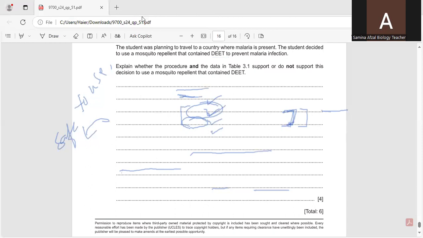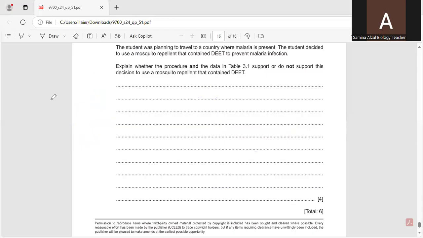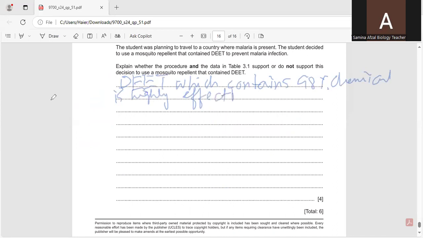So now I'm going to write all these points which I have discussed with you. For your convenience, I'm going to write all these. The DEET, which contains 98%, is highly effective against mosquitoes.